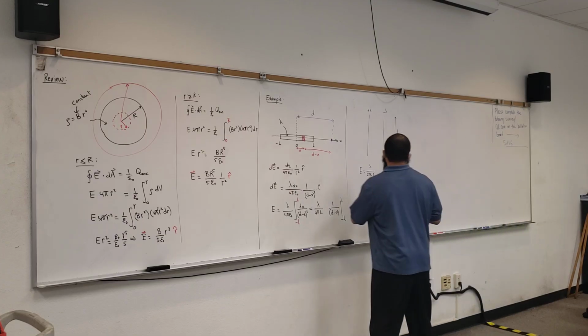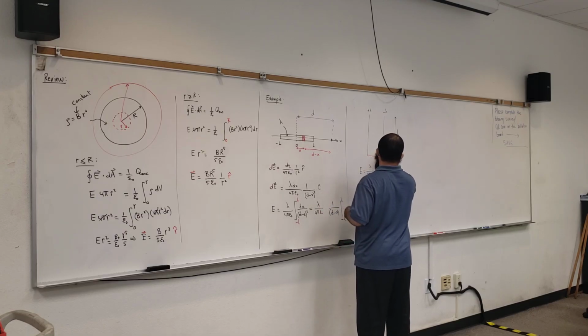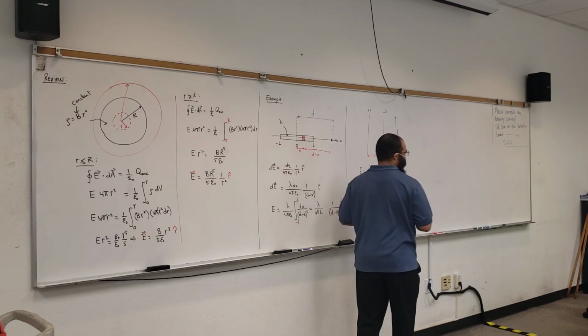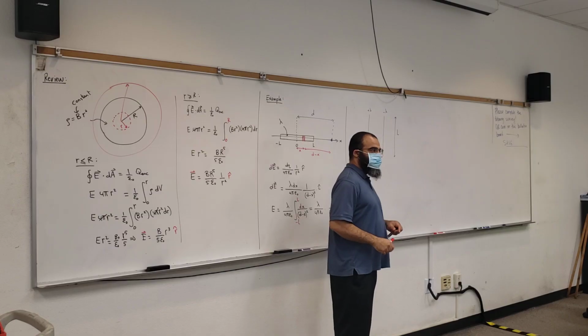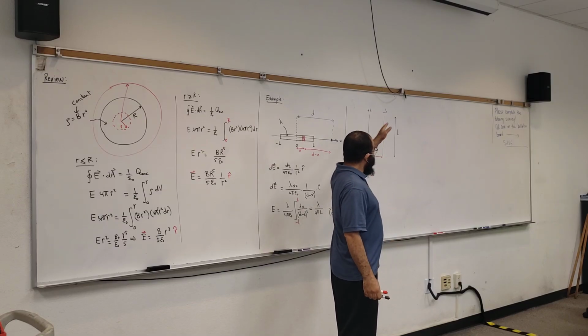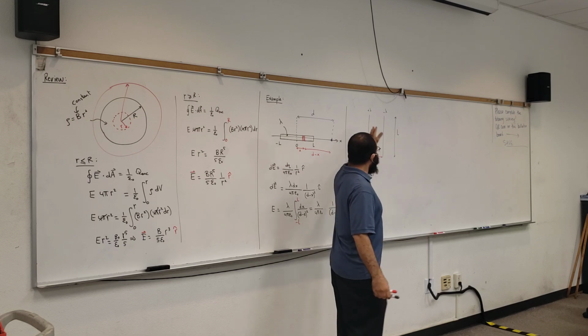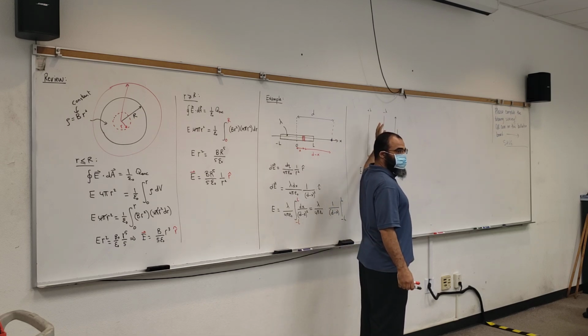Suppose these two lines are a distance d apart. What's the force between these two lines? What's the force that line 1 exerts on line 2, or line 2 exerts on line 1?